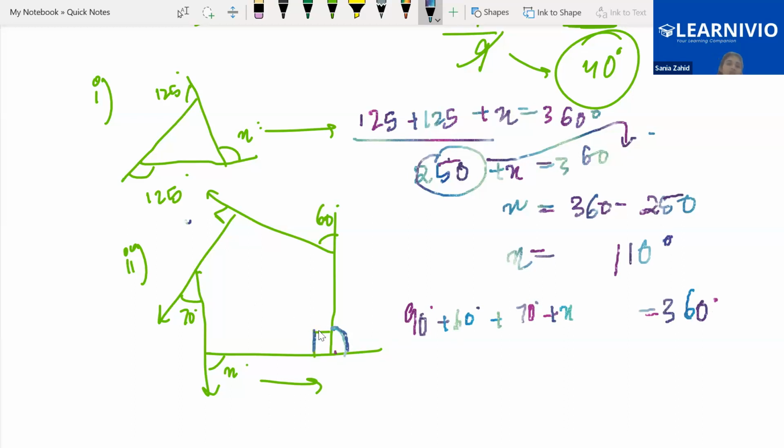So what you'll do, this is 90 degree. So see, these two angles are forming a linear pair, right? So if this is 90 degree, this will also be 90 degree only. So just add 90 one more time, which is equal to 360.